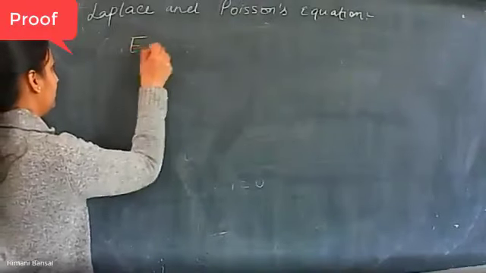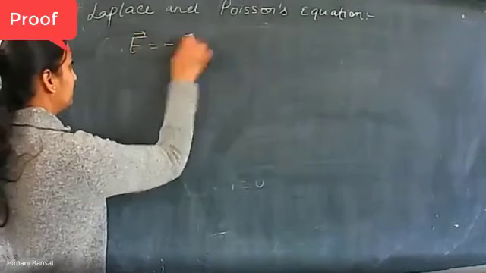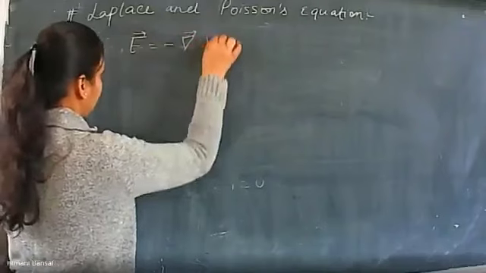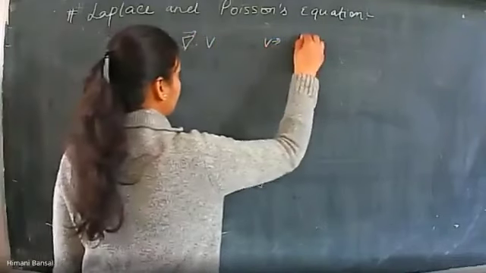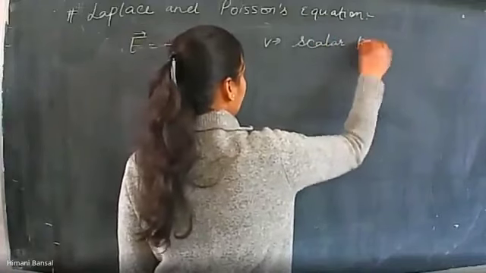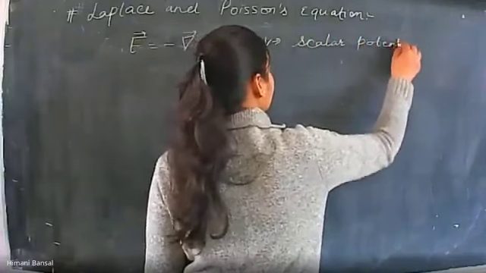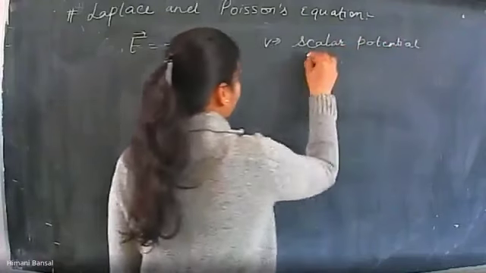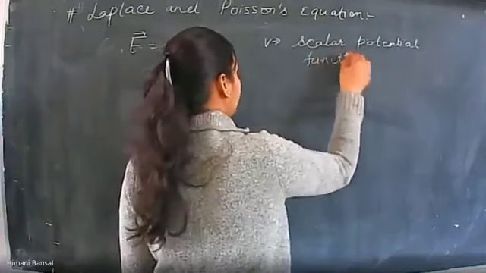Electric field is equal to minus del V, where V is the scalar potential, which is a function of space coordinates.